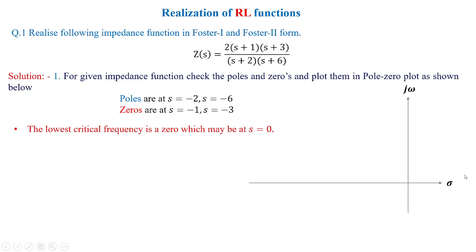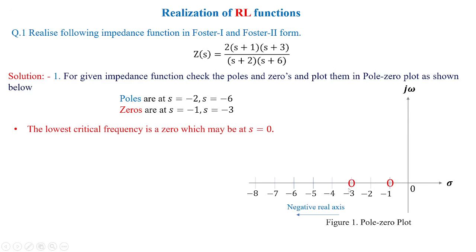So you can see this is the pole-zero plot where you have the real axis given by sigma and the imaginary axis given by j omega, and arbitrarily let us choose the values from 0 to -8 on the negative real axis. Now just plot the poles and zeros over here. You can see -1 is a zero which is near to the origin, and then you have another zero at -3.